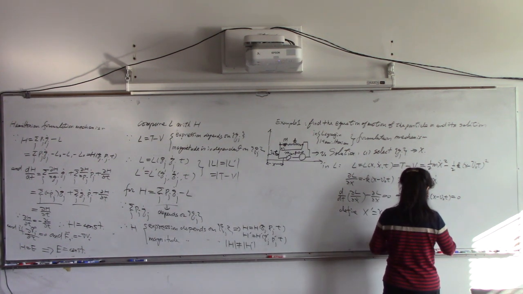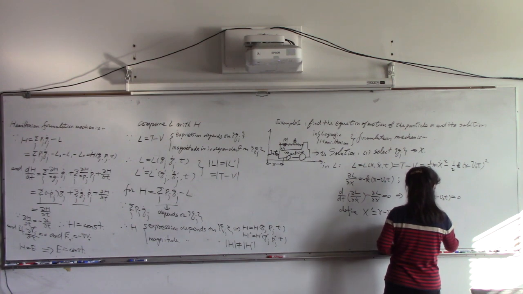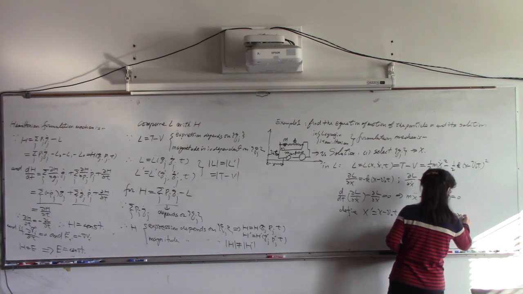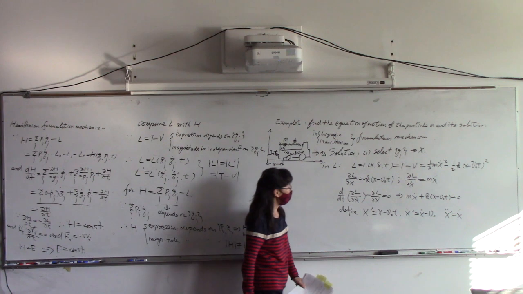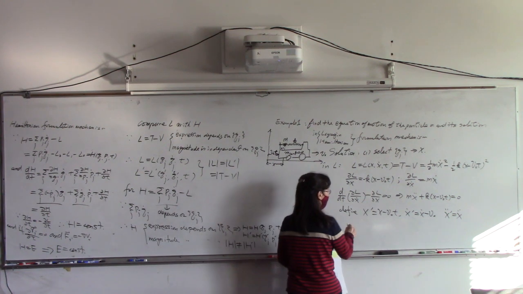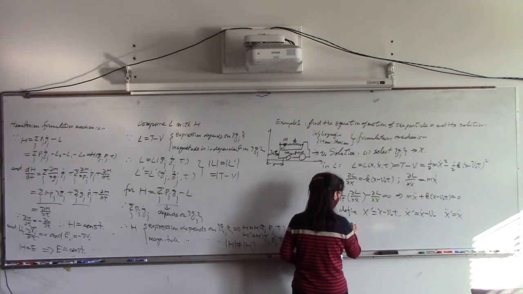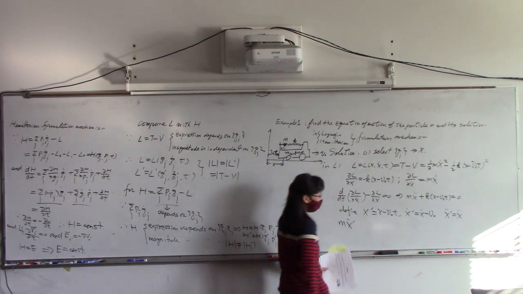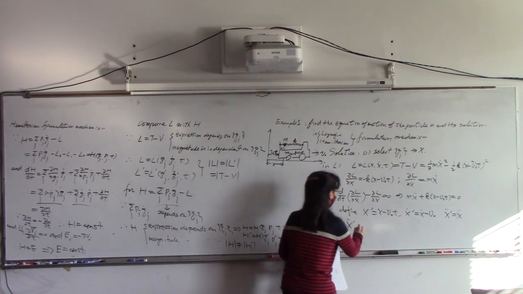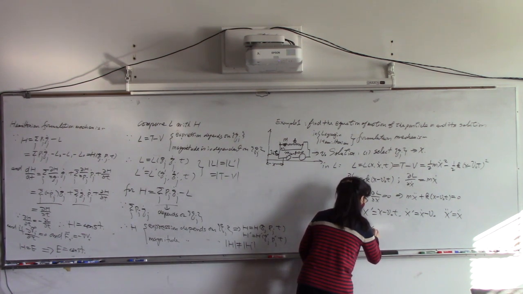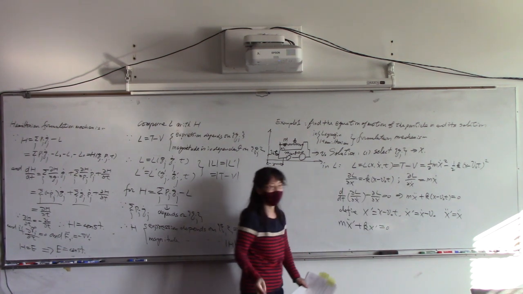That's my mistake, it is v naught, right? And x double dot prime is x double dot. Okay, then this becomes m x double dot prime, the first term, plus k x prime equal to 0, right?